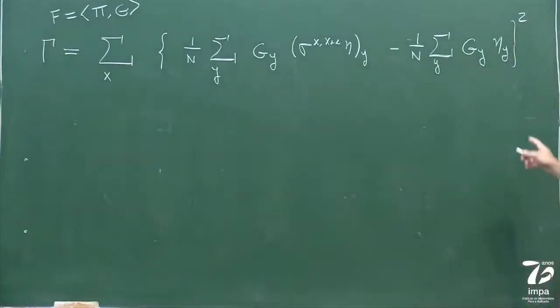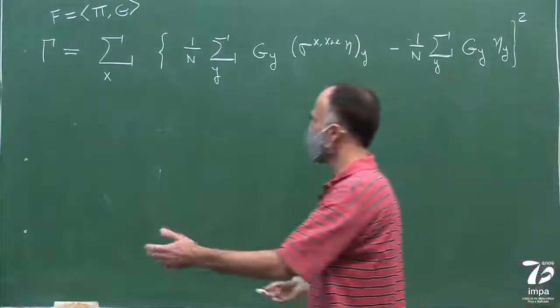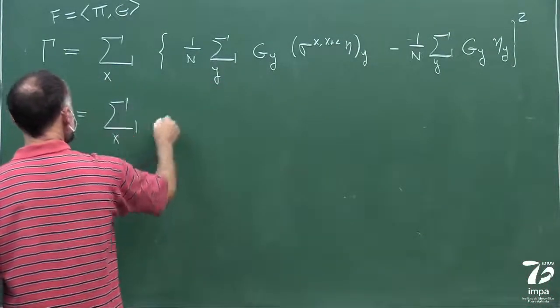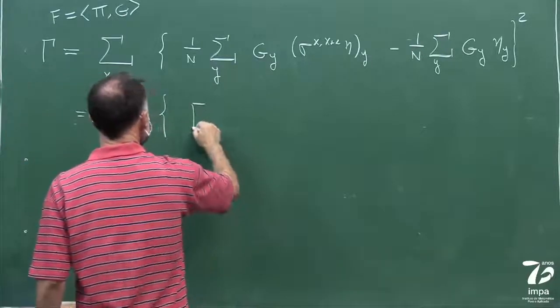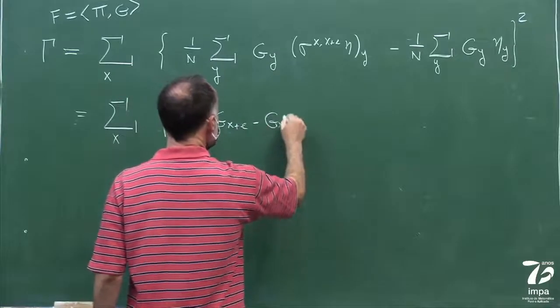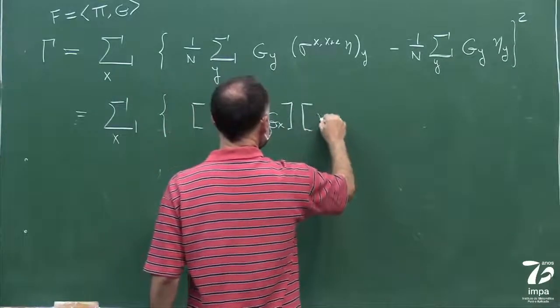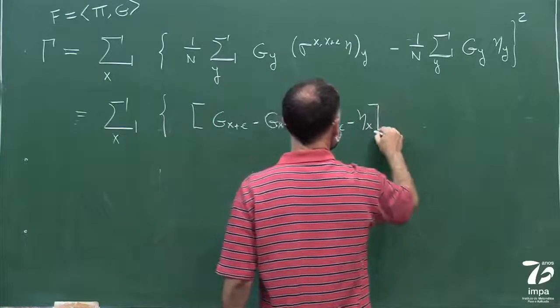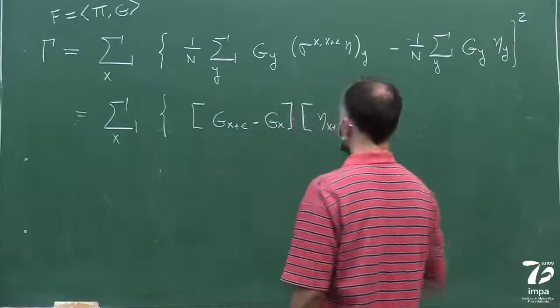But we already computed this difference, and what we obtained is that this is equal to g x plus e minus g x times eta x plus e minus eta x, and there is a square.